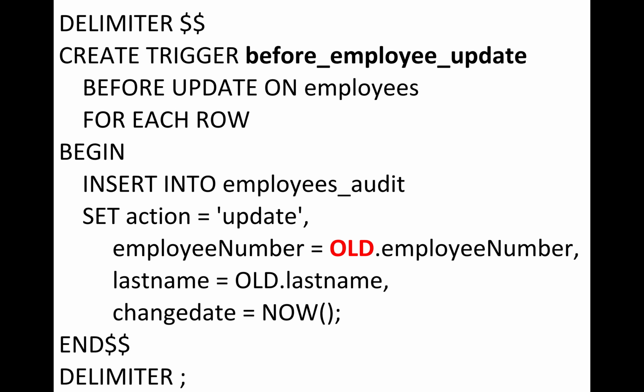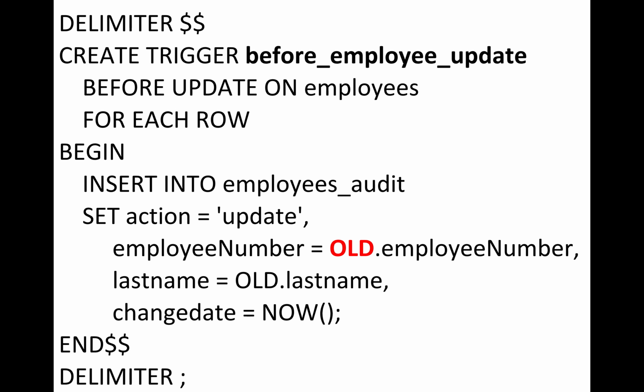So here's a trigger called before employee update. It says, before the update on the employees table, I want to be notified for every single row that gets updated in the employee table before it happens.